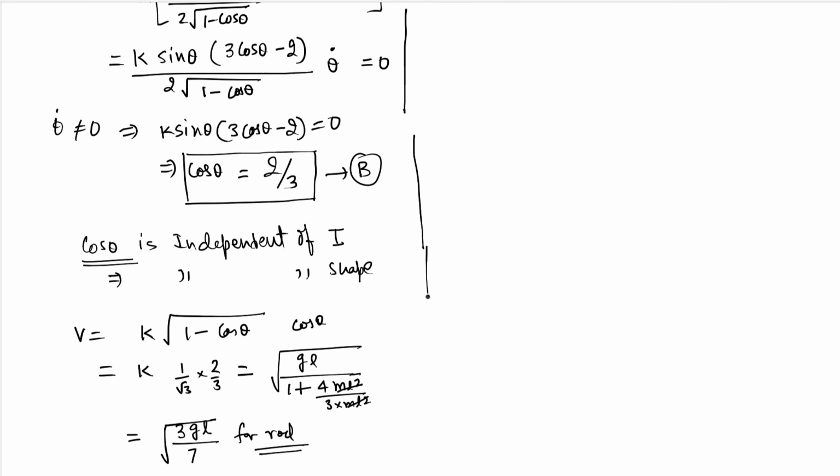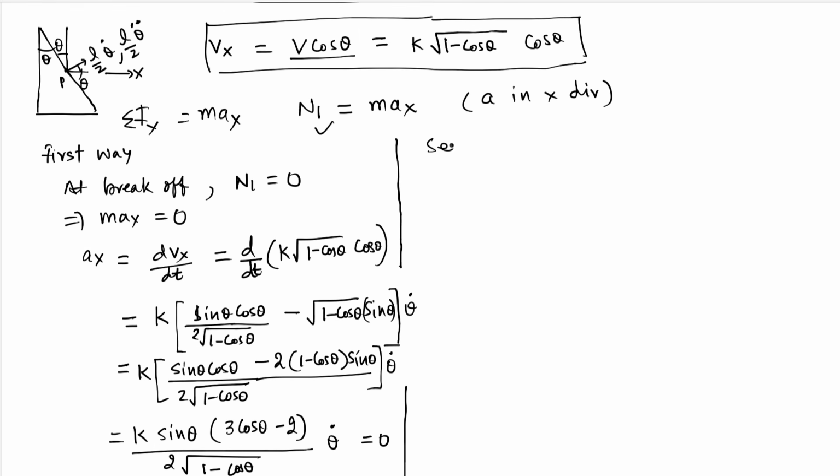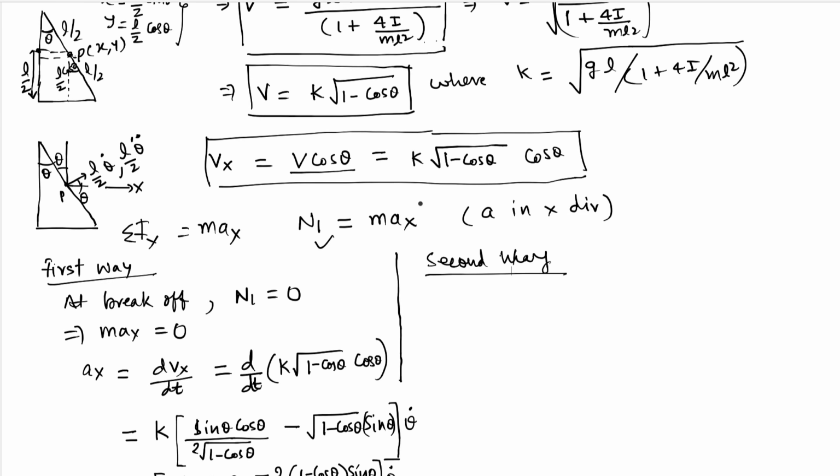Okay, now let's also see how to solve this in the second way. When the rod is breaking off, at the time of breaking off, Vx will be maximum, right? That means dVx by d theta should be 0.